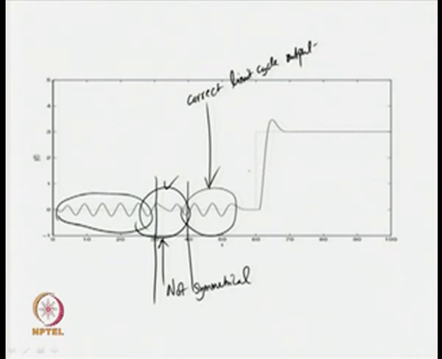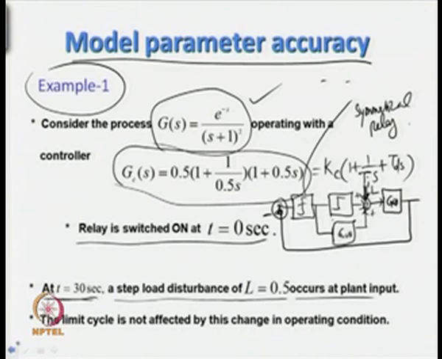Why is that happening? As you know, the controller is there in the loop and the controller has integral action. Due to the integral action of the controller, the effects of static load disturbances get nullified or rejected after a certain time. That means, in steady state condition, the effects of static load disturbances are rejected, eliminated.